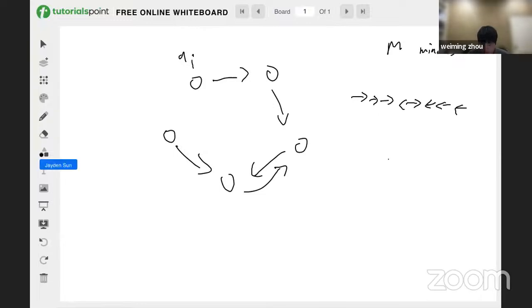So for instance, what you can notice is that for these two circled cows, they'll maintain the same amount of milk, because this cow will give 1 unit to this cow, so this will be plus one, and this will be plus one. So in the course of a second, for these two circled cows, they won't gain or lose any milk.